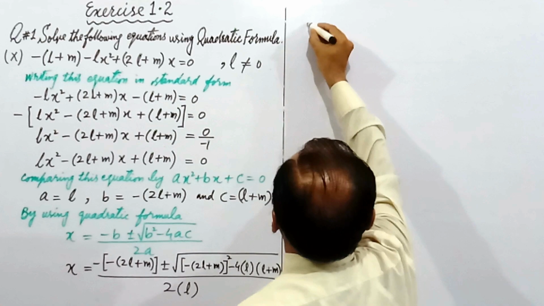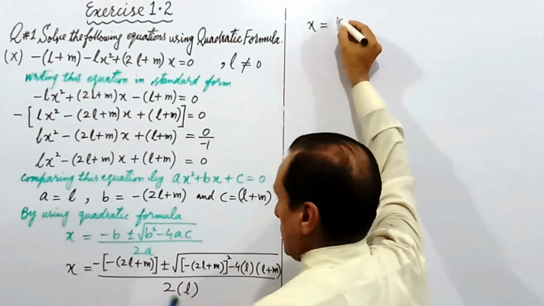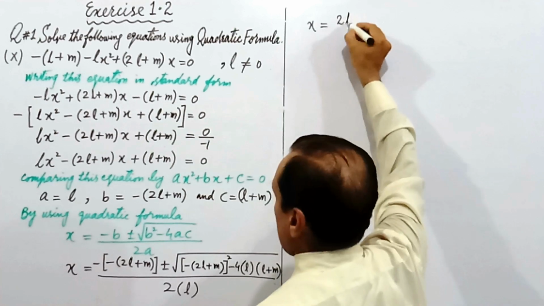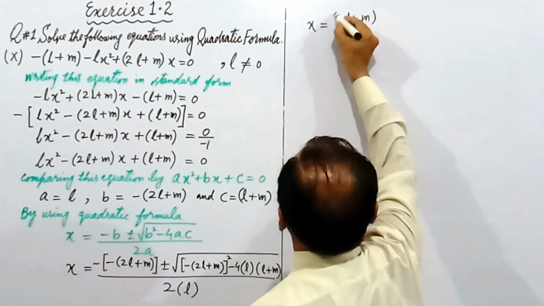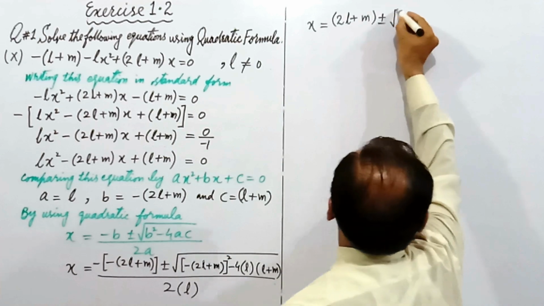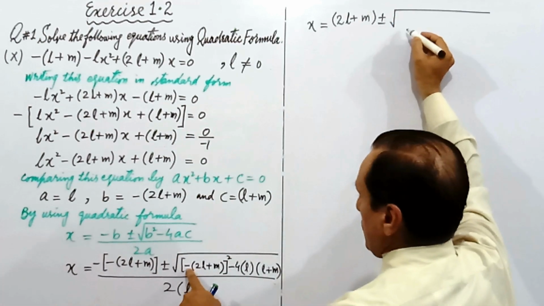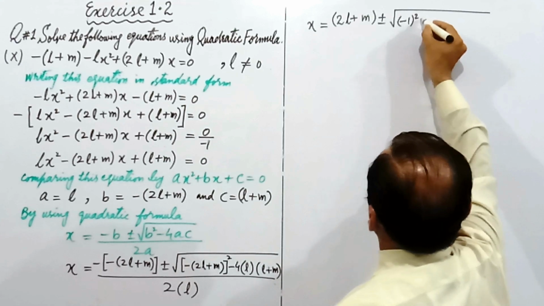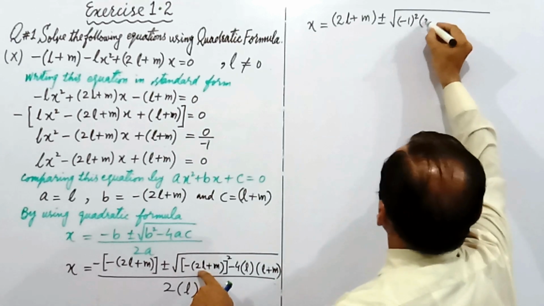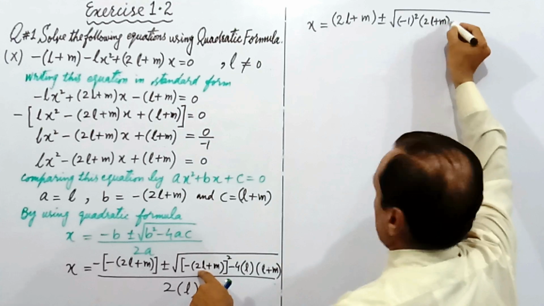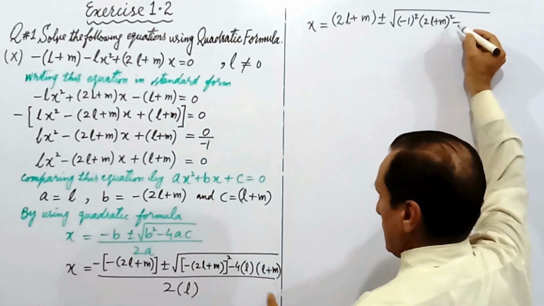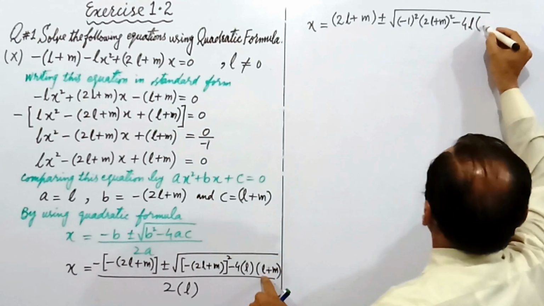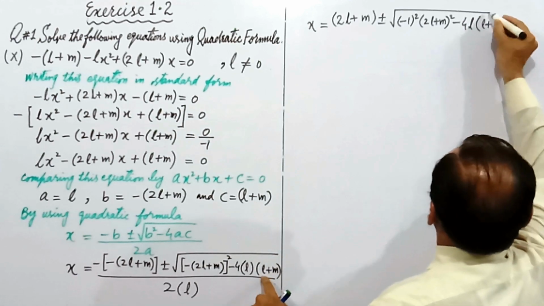Numerator, x is equal to minus into minus, plus we have (2L plus m), plus minus under root the square of minus 1 and (2L plus m) square minus 4 into L, 4L, (L plus m).